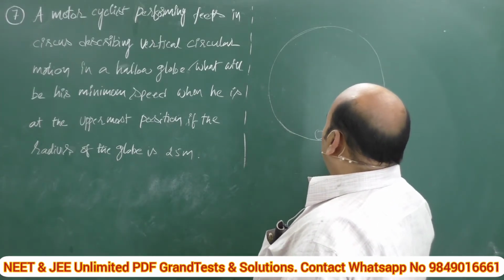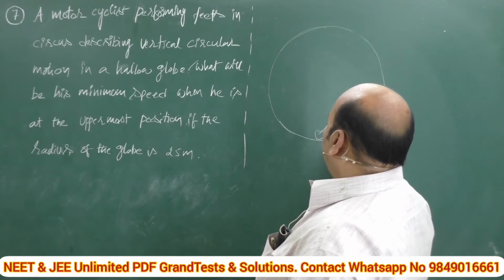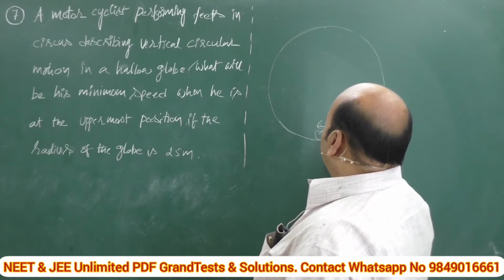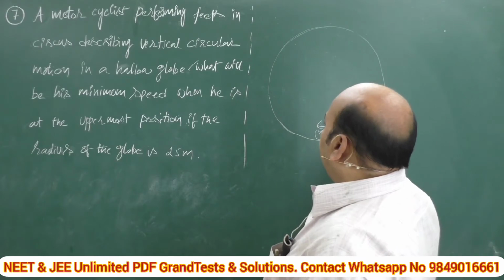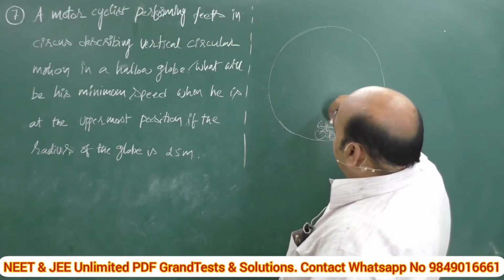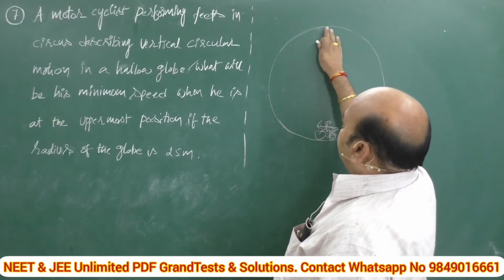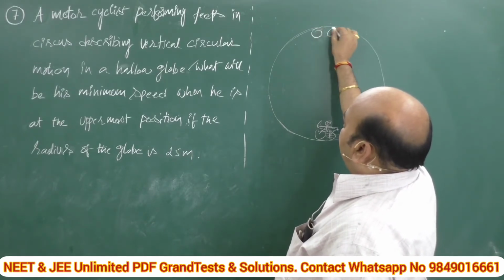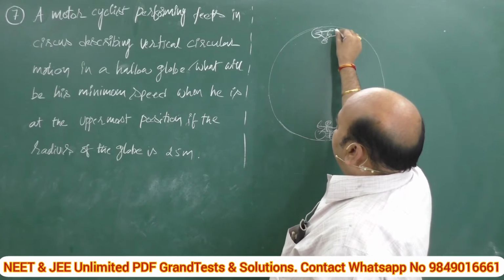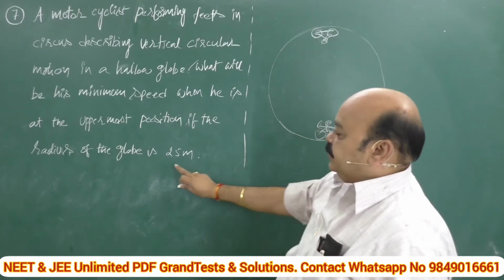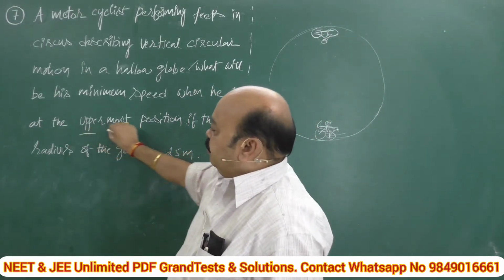A man on a bike is performing feats. This is the position of the man. Gradually his velocity increases, and when he is at the uppermost position, this is the situation. At the uppermost, this man will be like here. Here see, uppermost position.